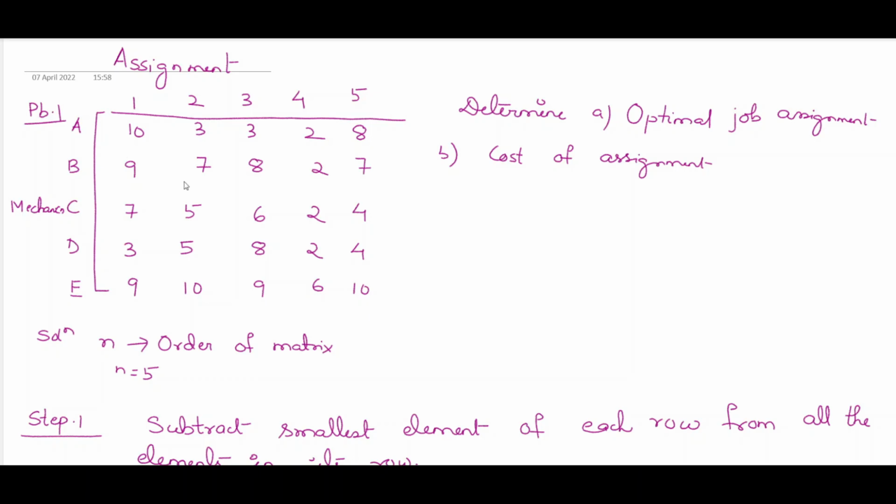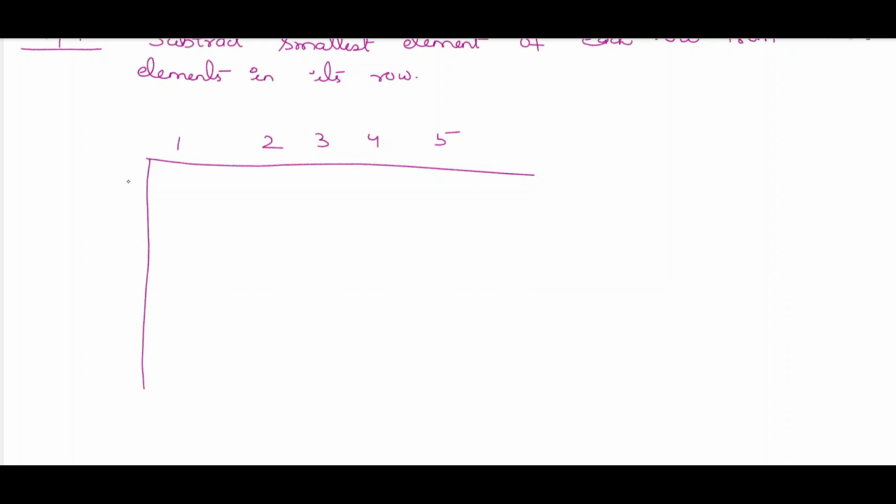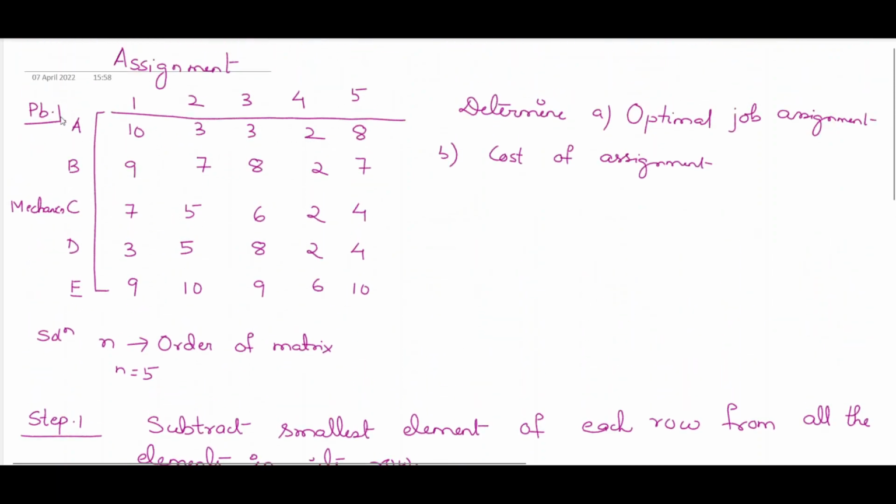So now we will prepare the second new matrix. Again 1, 2, 3, 4, 5 are the jobs, and here the people starting from A, B, C, D, E. Now 10 minus 2, 3 minus 2, 3 minus 2, 2 minus 2, 0, and 8 minus 2.